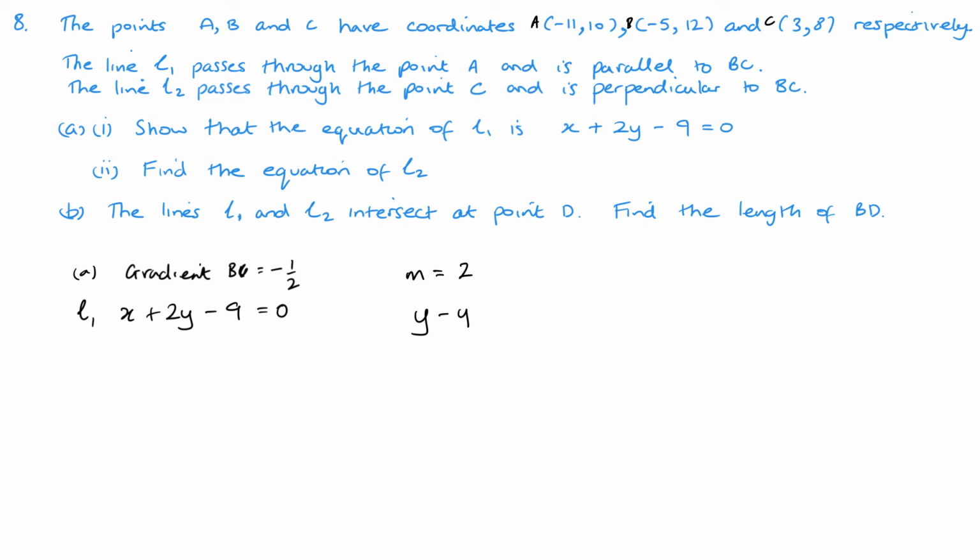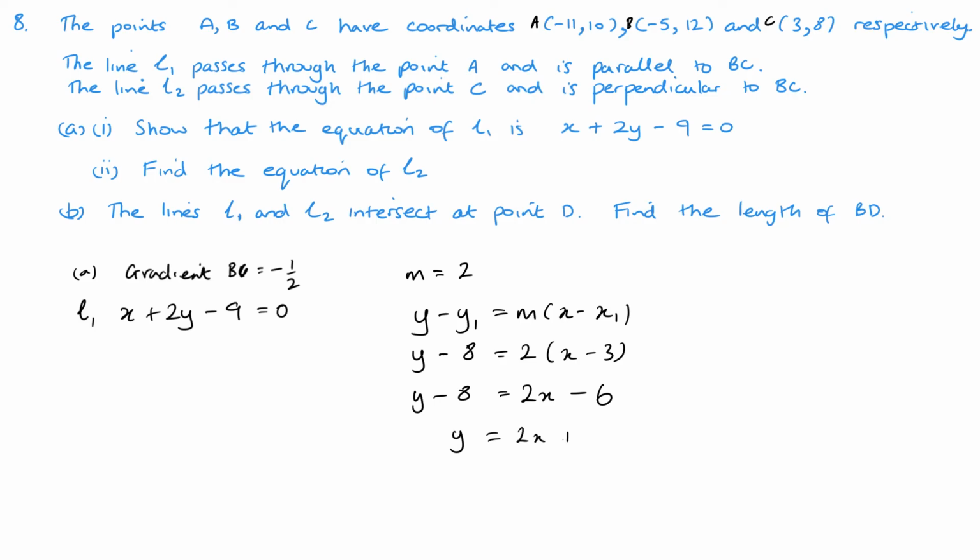And again with y minus y1 equals m(x minus x1), that gives me y minus 8 equals 2(x minus 3). So we got y minus 8 equals 2x minus 6. That means if we add the 8, y equals 2x plus 2. And that there is L2.